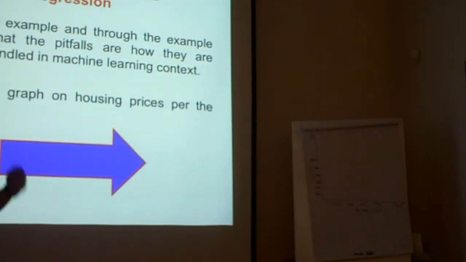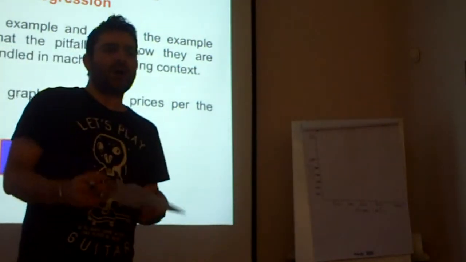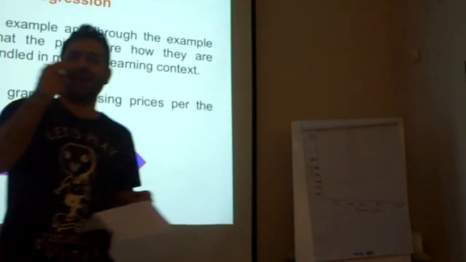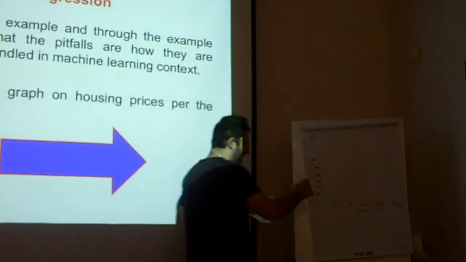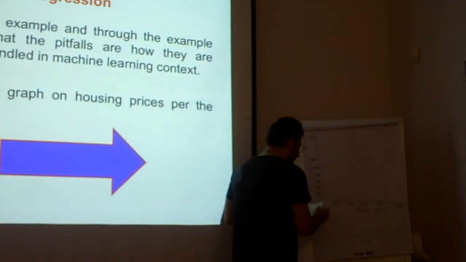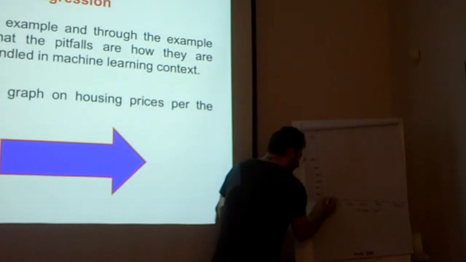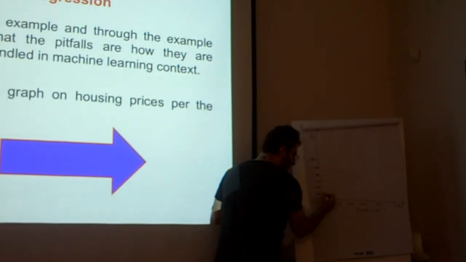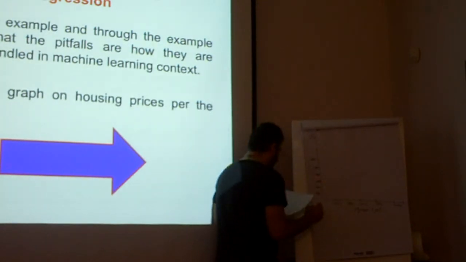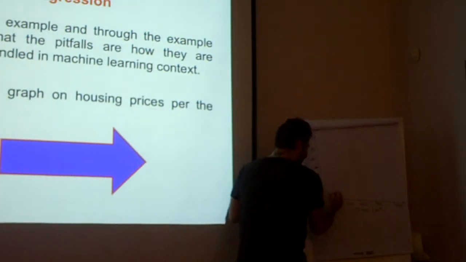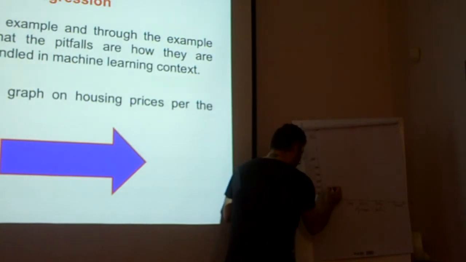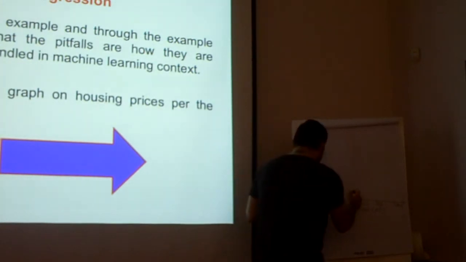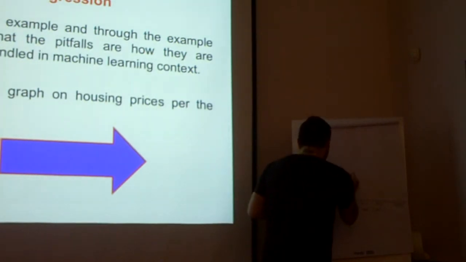So I wanted to buy a house, so I started to walk in the area and gather this information. I collected several pieces of information. I found a house which was, let's say, 80 square meters, and it was 1,000 euro, and then something like 140 meters, and it was 2,000 euro, then 200 square meters, and it was 3,000 euro, and so on.